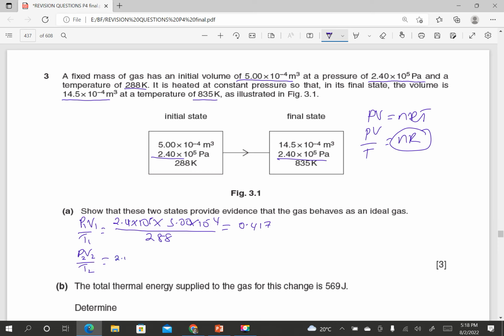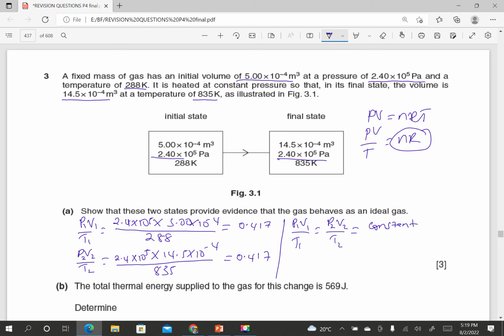The pressure is 2.4 times 10 power 5. The volume is 14.5 times 10 power negative 4 divided by 835. I'll try to maintain the same number of significant figures as the one I've just used. This is also giving me 0.417. So P1 V1 divided by T1 is equal to P2 V2 divided by T2, and we can conclude that this is equal to a constant.